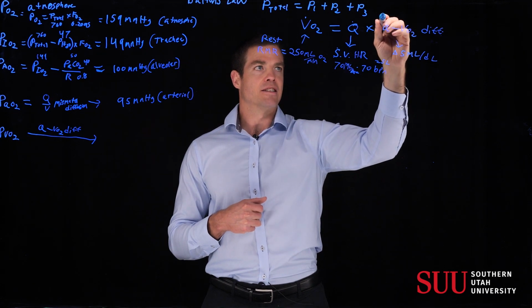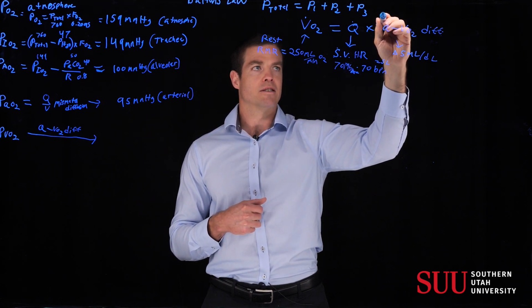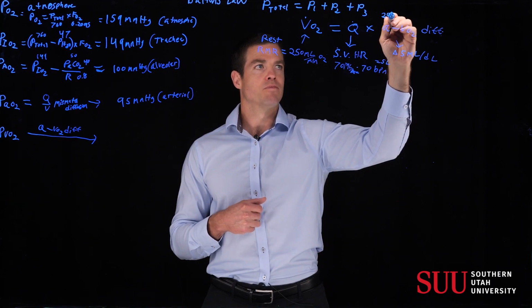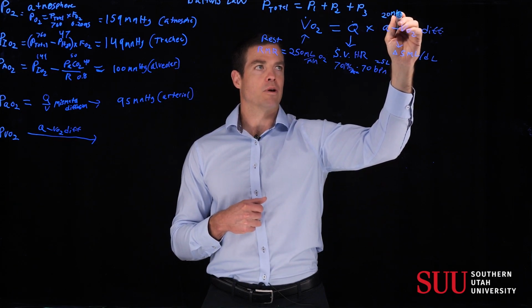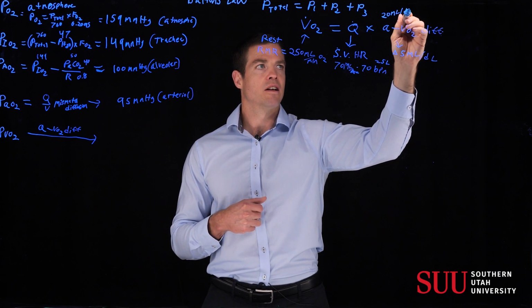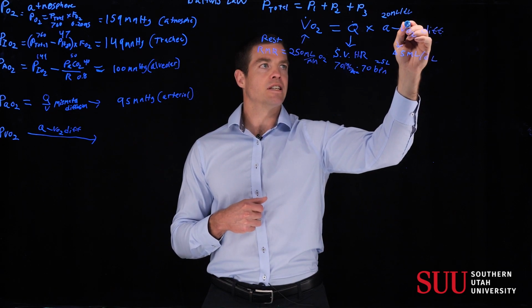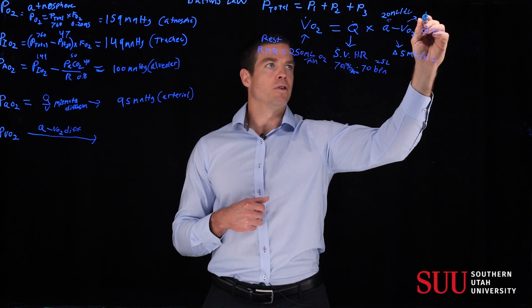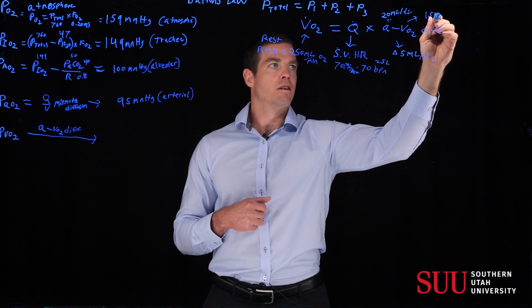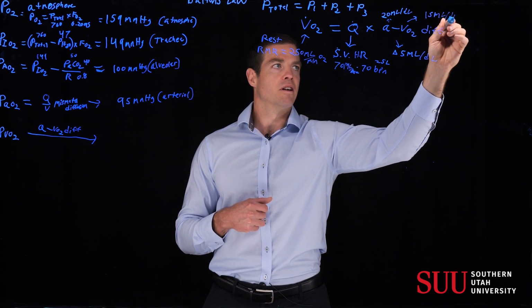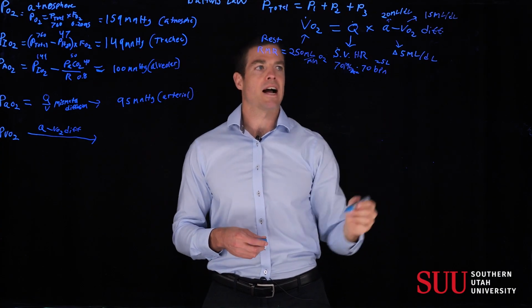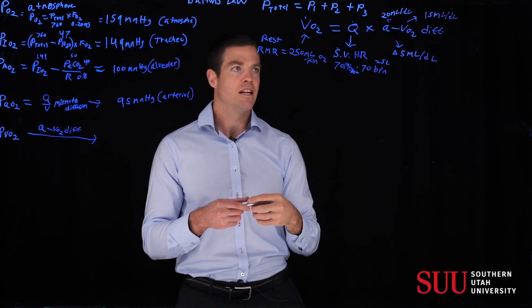And like at rest, this A here is around 20. The arterial side is around 20 milliliters per deciliter. And the venous side is around 15 milliliters per deciliter. And so that's going to give you, meaning you extract 5 milliliters per deciliter.